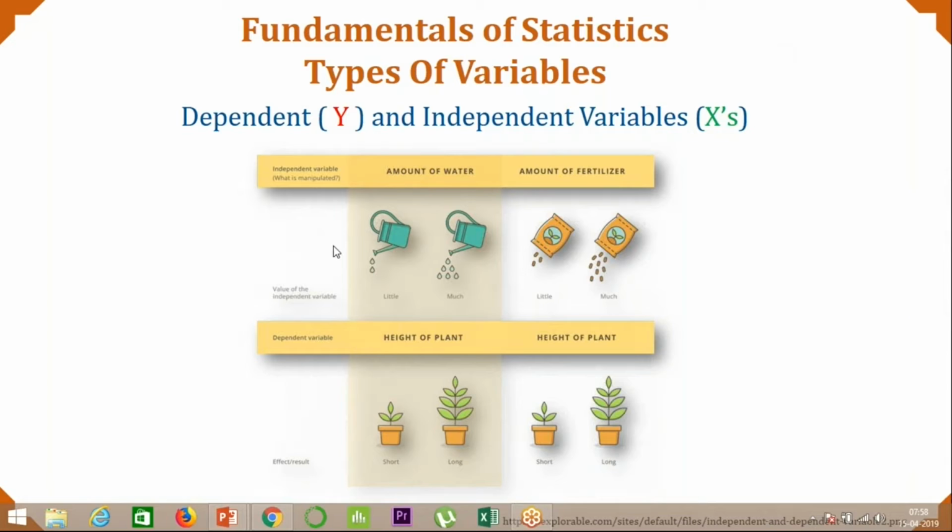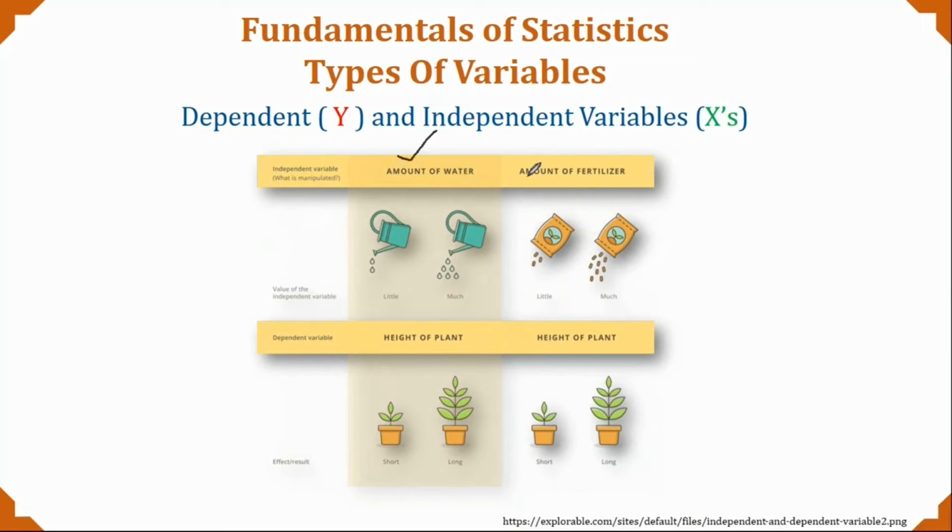So there are many variables here, right? Two independent variables: one is amount of water. Imagine a spreadsheet with the amount of water as one column, amount of fertilizer as another column, and finally height of the plant as your third column. The dependent variable will be the y variable and the independent variables are x variables.